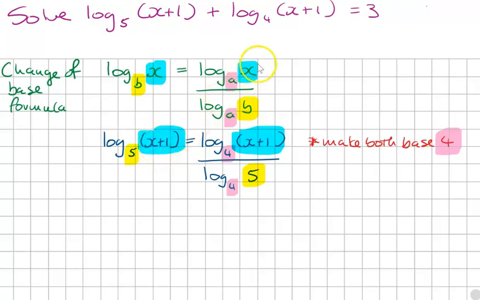So as you can see, the numerator, highlighted in blue, is log base 4 of (x plus 1). And then in our formula, the a's are highlighted in pink, so that's whatever base you choose for your logs. I've gone with 4, and they're highlighted in pink as well.